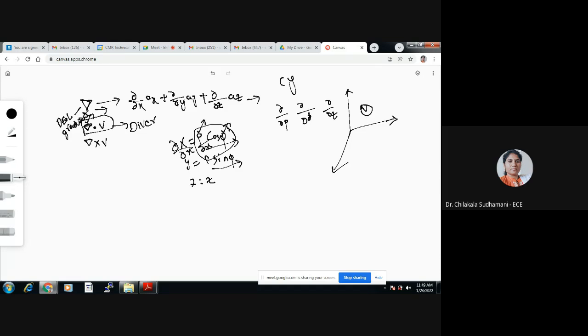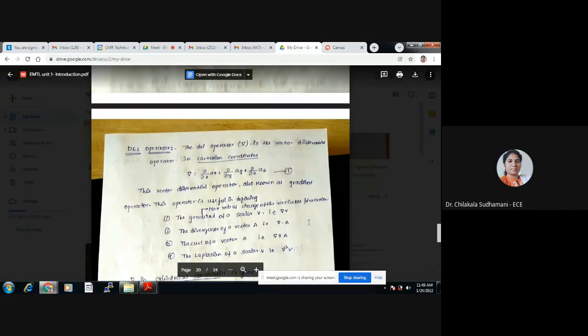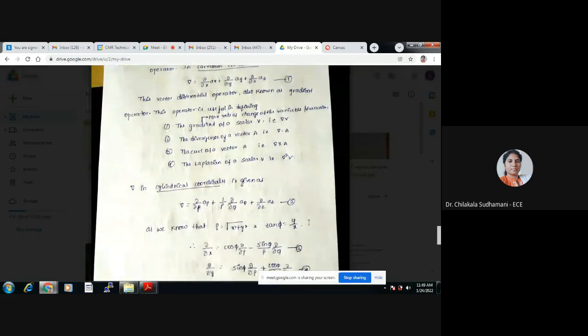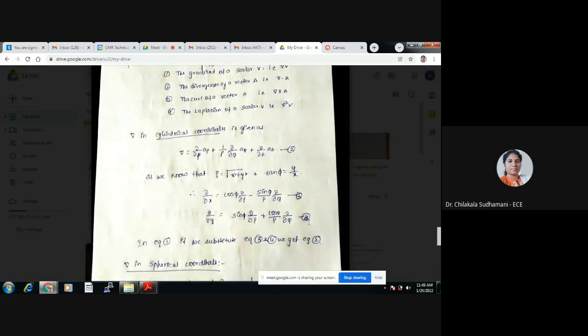Then you can simplify and you will get the relation between dou by dou rho, dou by dou phi and dou by dou z. Dou by dou x and dou by dou y we calculated by using uv. Then you will get cos phi times dou by dou rho minus sin phi times dou by dou phi. So simplify and substitute in equation 1, then you will get the cylindrical coordinate system.